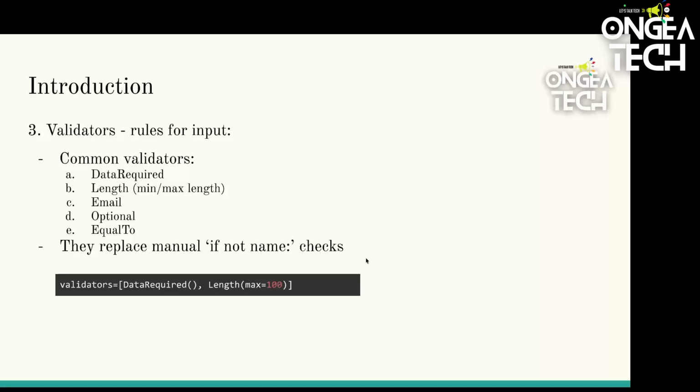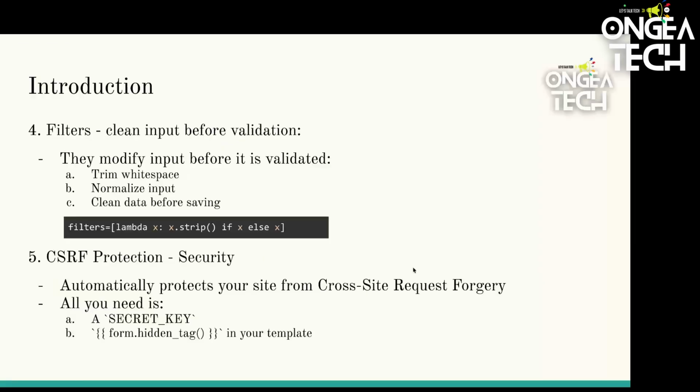This technically replaces the manual if-not-name checks that you would have on your endpoints. So this is how it looks: you have the validators, and then you specify if it's required, and if it's the length, then how long it should be.